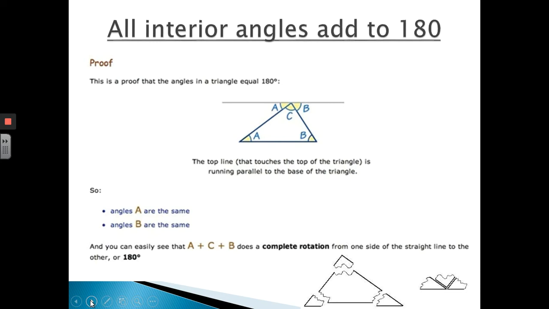But no matter what type it is, if they cut off the corners, as I've demonstrated in the picture at the bottom of that PowerPoint, and then, to the right of that, I've assembled the noses of those angles together, which then form a straight line.